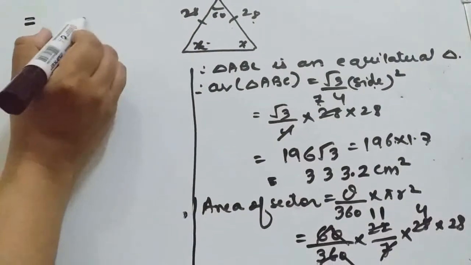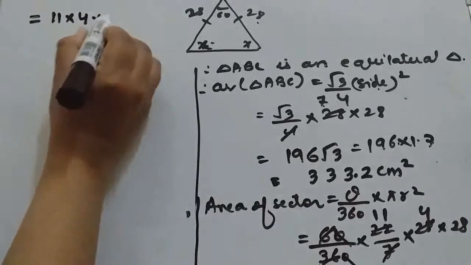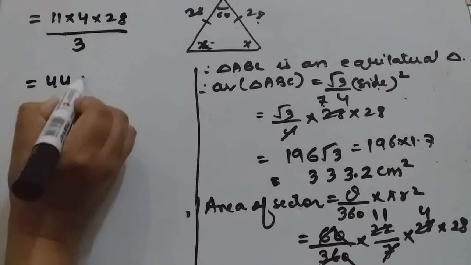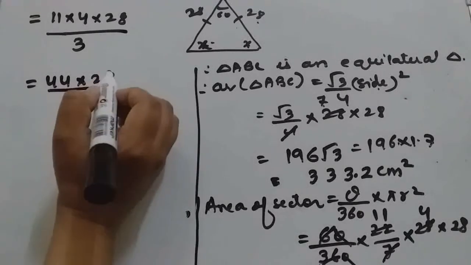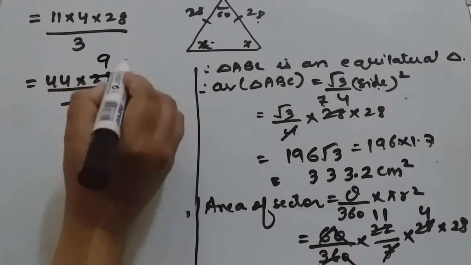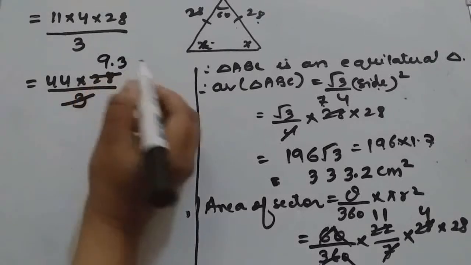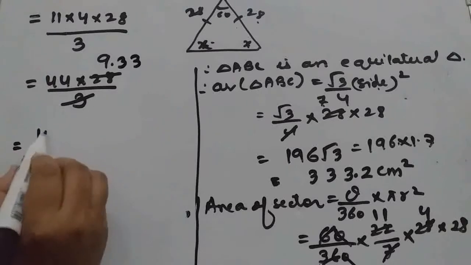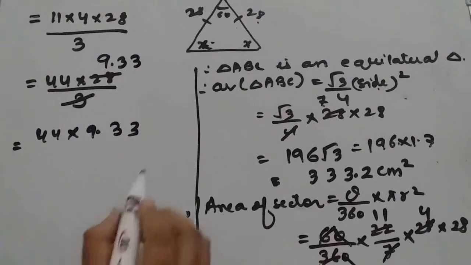Simplified form is what? 11 into 4 into 28 by 3. So 44 into 28 by 3. So from 3 if we cancel this, 3 9s are 27. Okay, then 1 will remain here. So 3 3s are 9. Again 3 3s are 9. So 44 into 9.33 we can multiply.